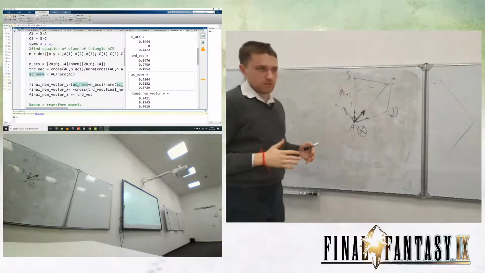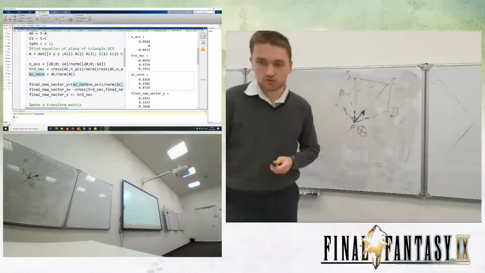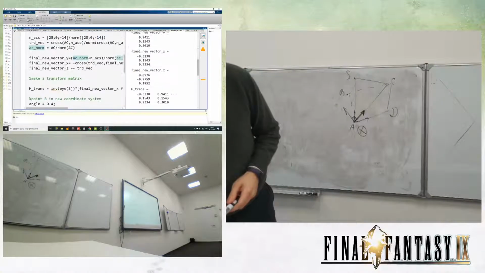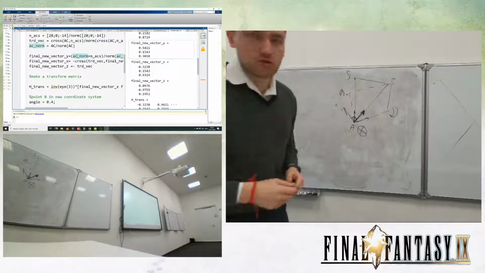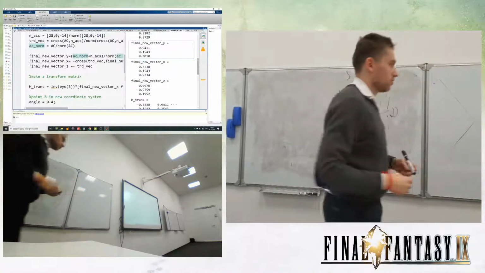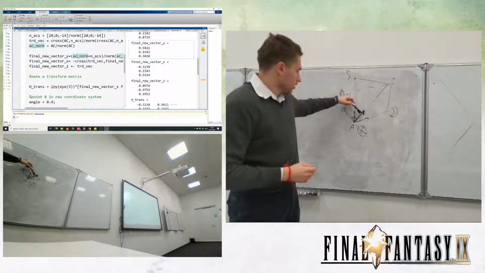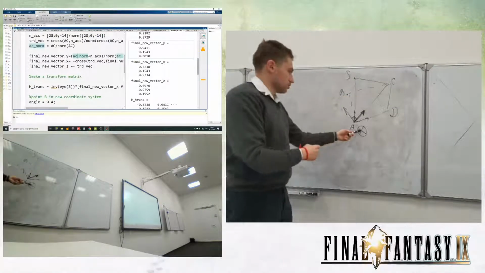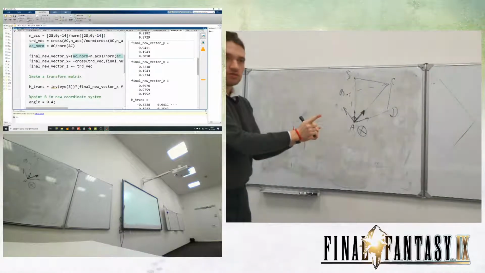But I want to have my own basis. So we need to continue to change it. How can you do it? So first of all, I found the final new vector y. What is it? AC norm plus N_ACS. So AC norm, this one, and this one. We use vector summation.